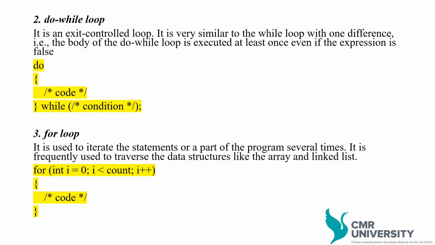Here I used an example as for int i equals 0; i less than count; i plus plus. When the value is increasing, it will come back and it will count again. Whether the statement is false or true, it will be checking. This is the purpose of for loop.